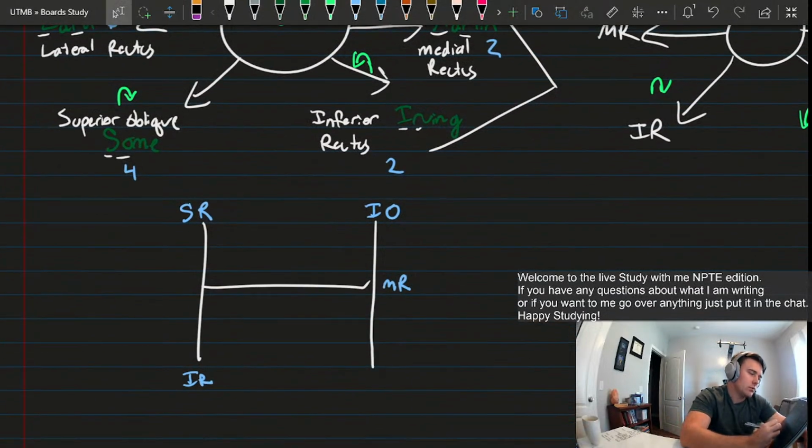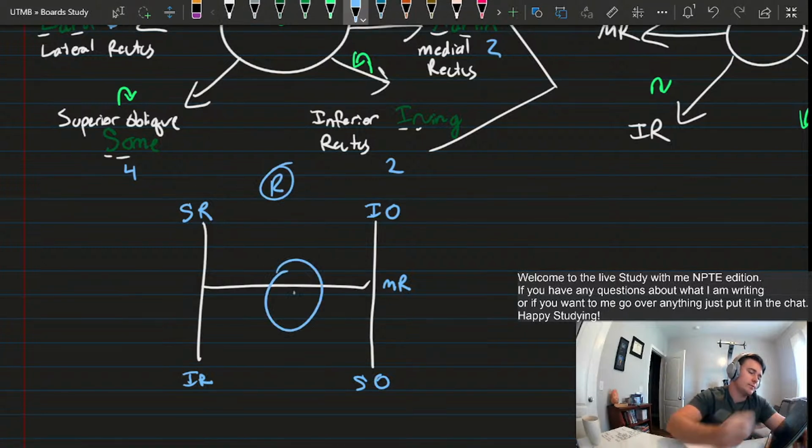Then to go down, you're not going to use the inferior rectus because, again, it's going to be an active insufficiency. So you're actually going to have the superior oblique to test the eye muscles. So this is the right eye H test. So if you have a question on there, you've got it.